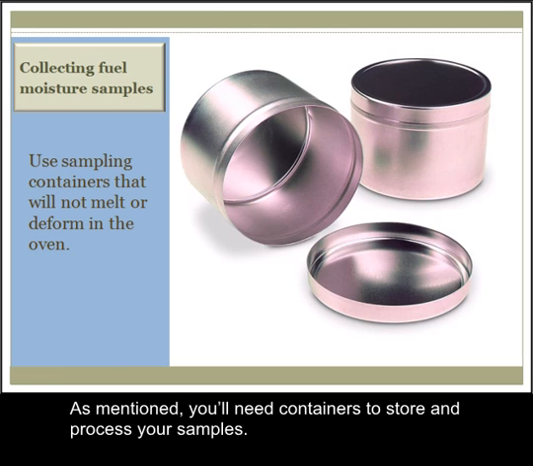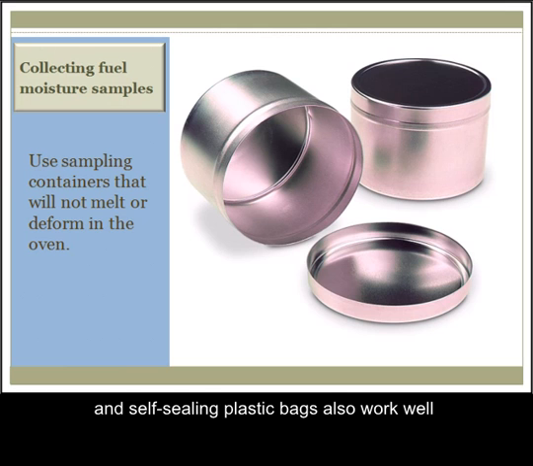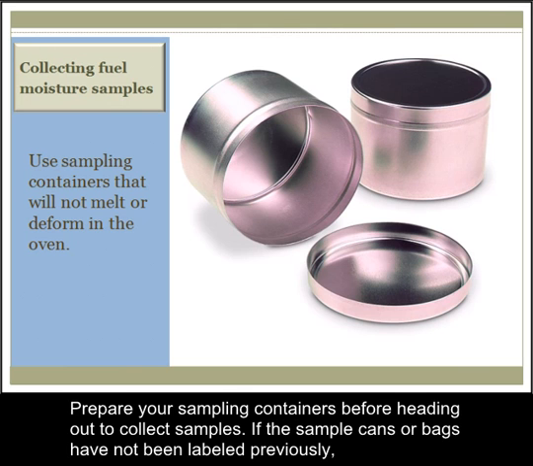As mentioned, you'll need containers to store and process your samples. While aluminum sampling tins are commonly used, high-temp polypropylene bottles, aluminum paint cans, and self-sealing plastic bags also work well, although you will need a separate heat-resistant container to dry the samples if you use plastic bags. Prepare your sampling containers before heading out to collect samples.